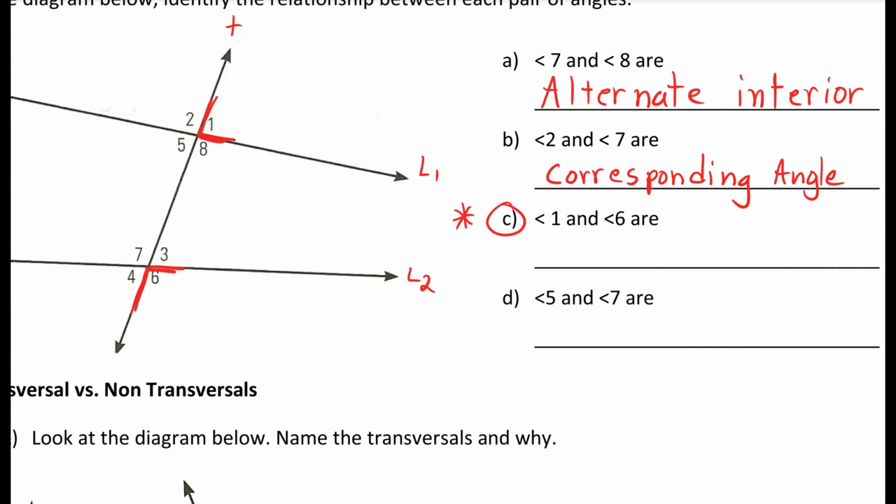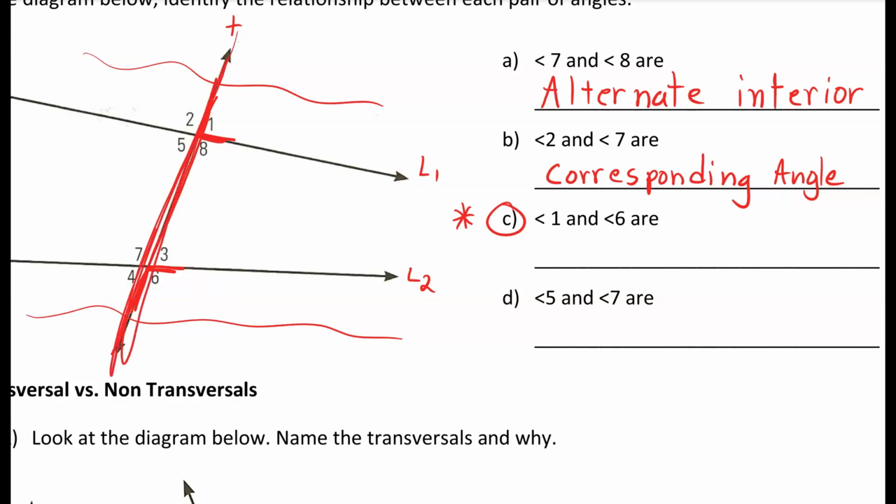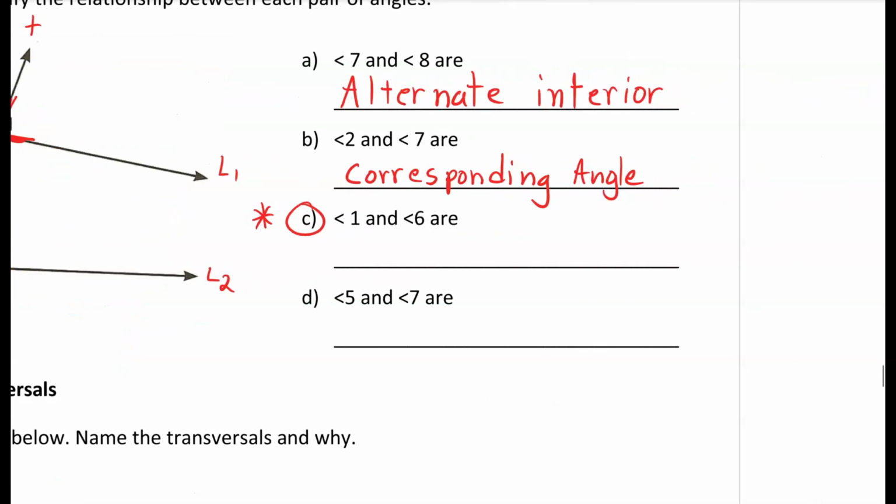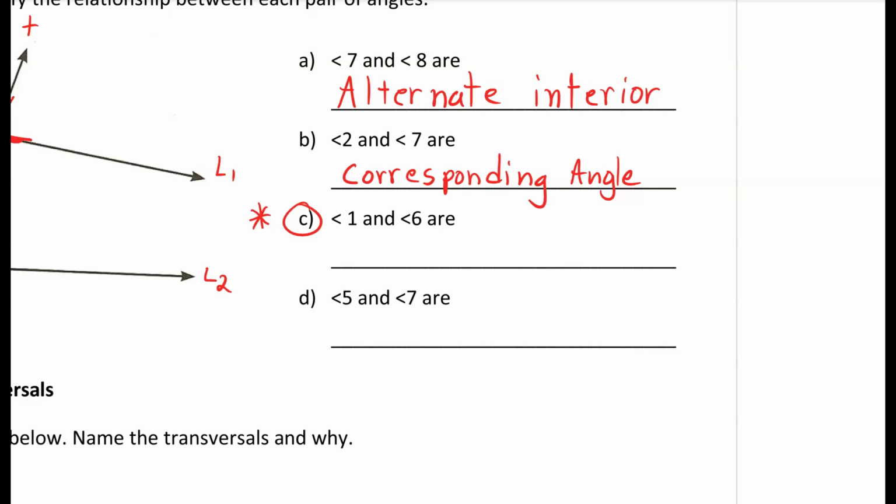Now, exterior meaning it's outside of the two lines that we have. So it's outside of line 1 and line 2, and it's on the same side of the transversal because the transversal runs up and down and it's all on that right side. So it's an exterior angle on the same side of the transversal.